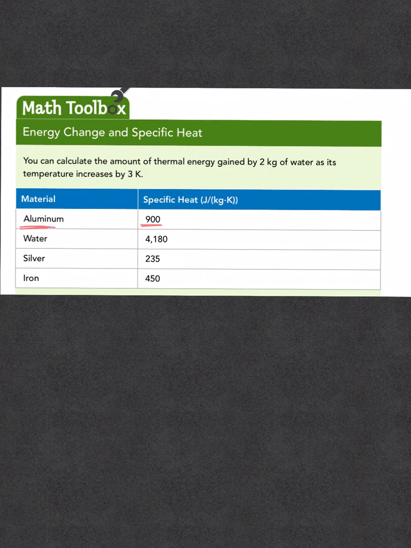If you want to increase, let's say, the temperature of aluminum from 25, no, because it has to be in Kelvin. If you want to increase the temperature of aluminum by 1 Kelvin, let's say that you want to increase that from 273 Kelvin, which is 0 degrees. Okay, let's say that you want to increase the temperature of aluminum from 273 to 274.